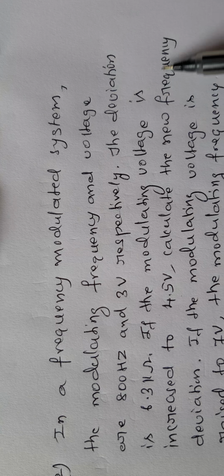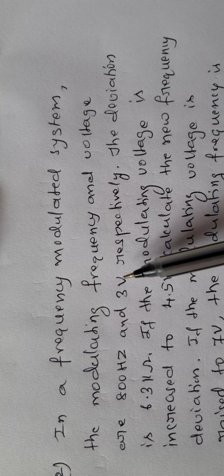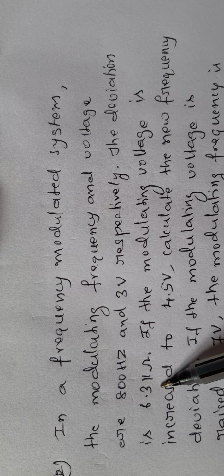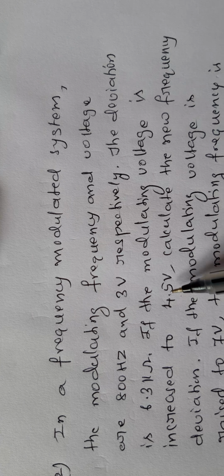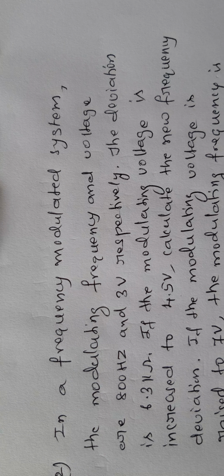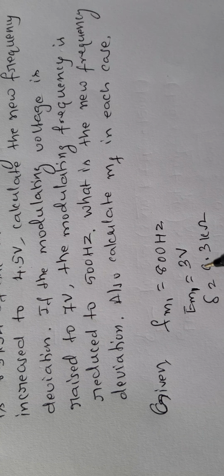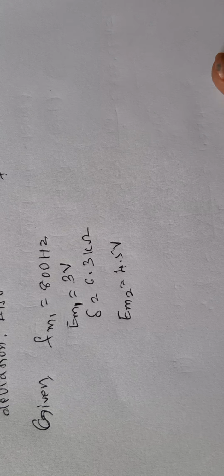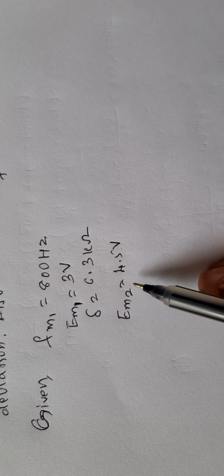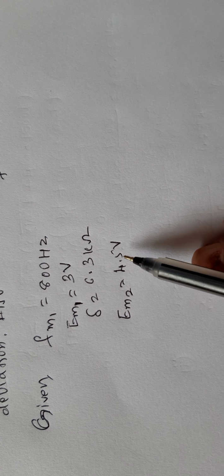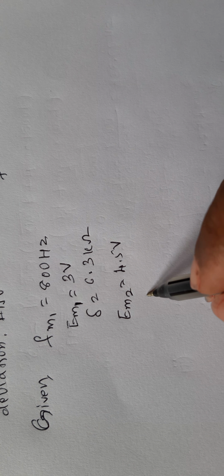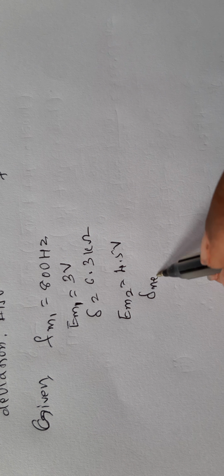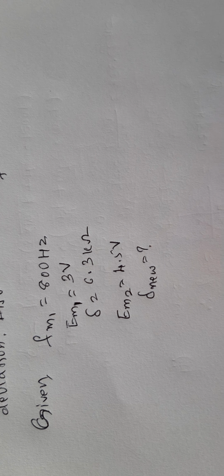Calculate the new frequency deviation. If it was 3 volts, it is 6.3. When this 3 volts is raised to 4.5, what is the new frequency deviation? Therefore, when Em2 is equal to 4.5 volts, second case, what is the new deviation? Delta is equal to how much?